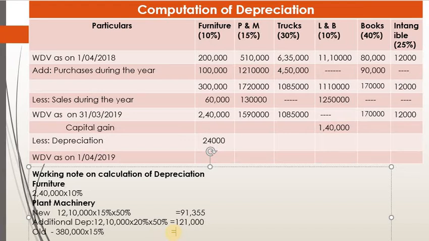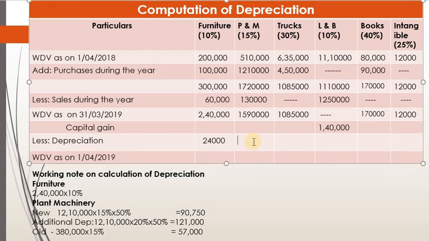So depreciation is 57,000. Now total this: 90,750, 1,21,000, 57,000. Total is 2,68,750. So write down this amount here. So we have calculated for plant and machinery.